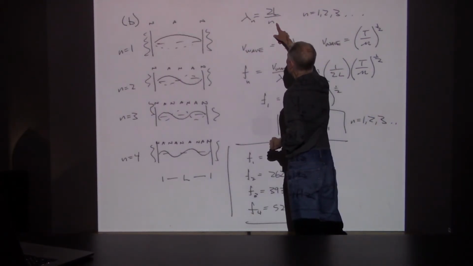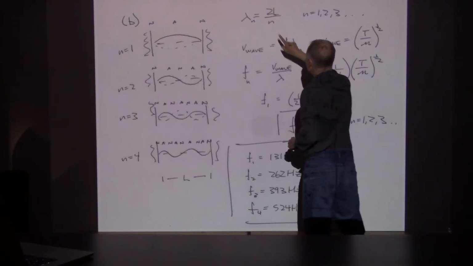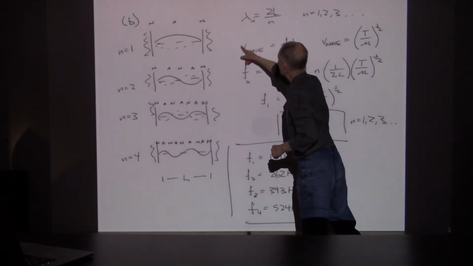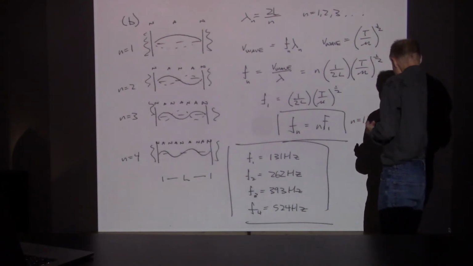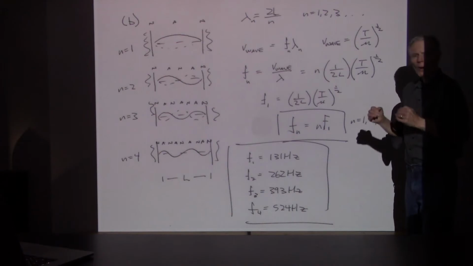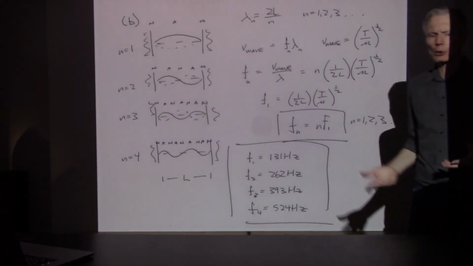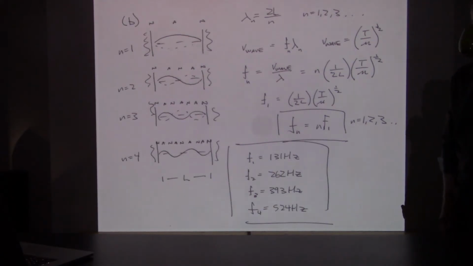We learned how to calculate the wavelengths. So the wavelengths are definitely different, and they're all related by that formula. We also learned about the formula relating frequencies and wavelengths and wave speeds. And then we also have the formula telling us what actually determines the wave speed, and that's the tension and the mass.